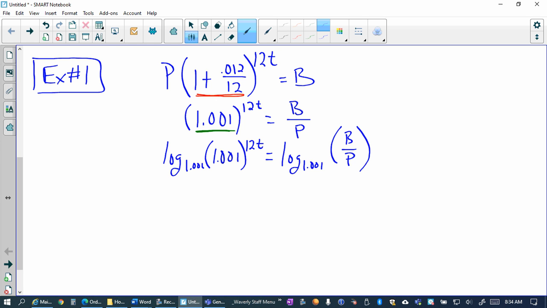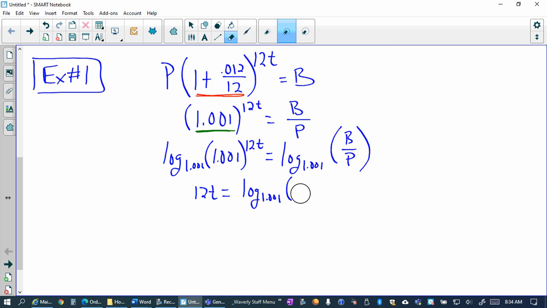Well, on the left-hand side, that log undoes the exponential function, and we're just left with 12t equaling what we have over on the right-hand side, the log base 1.001 of b over p.